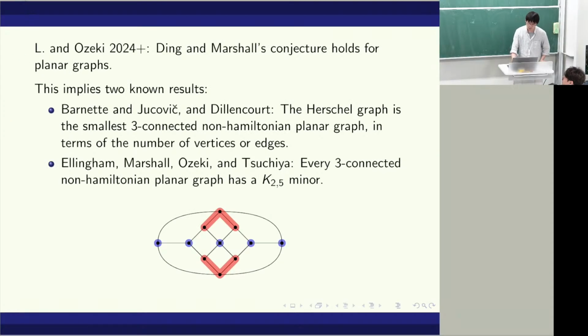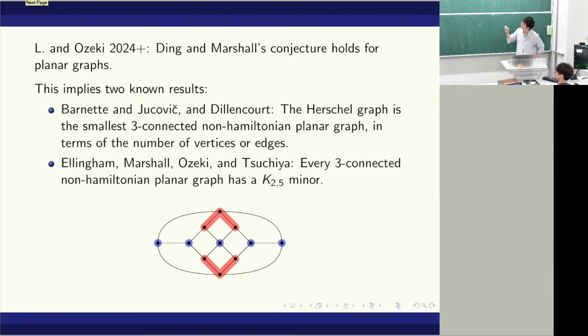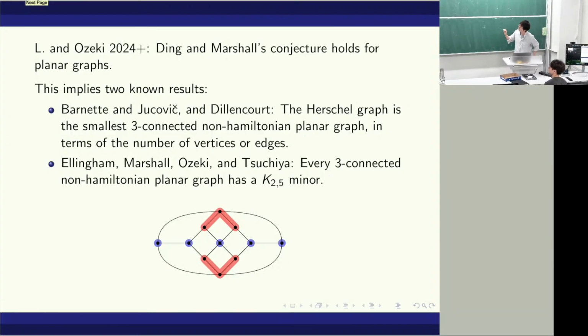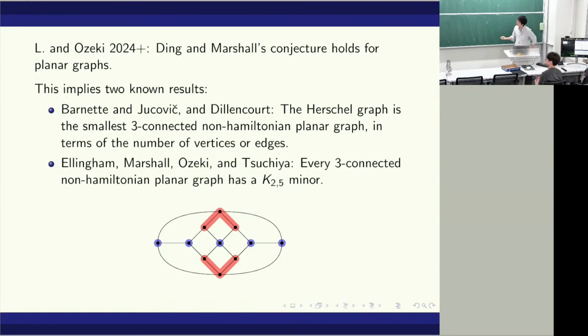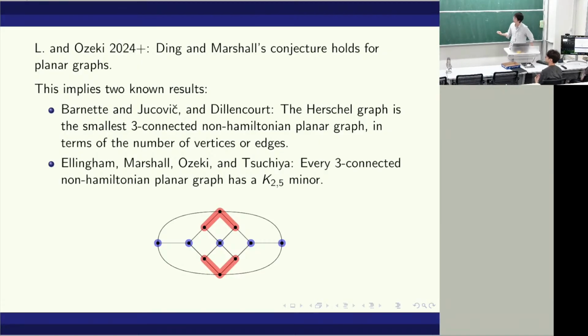There are 2 more consequences. The first is, as we talked about, that Ellingham et al. proved that every 3-connected non-Hamiltonian planar graph has a K25 minor. Actually, this is also a consequence of our result, because the Herschel graph has a K25 minor.